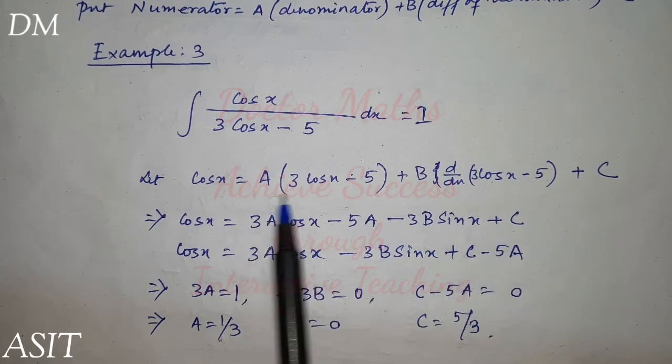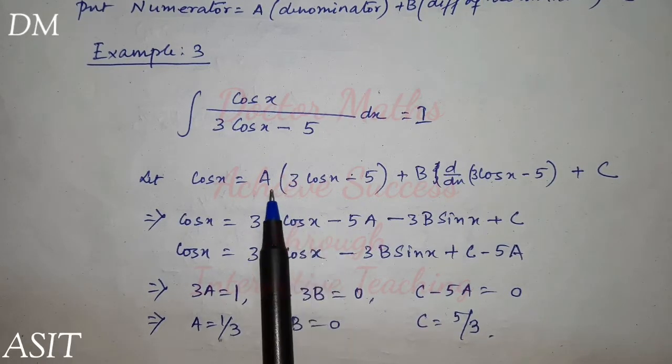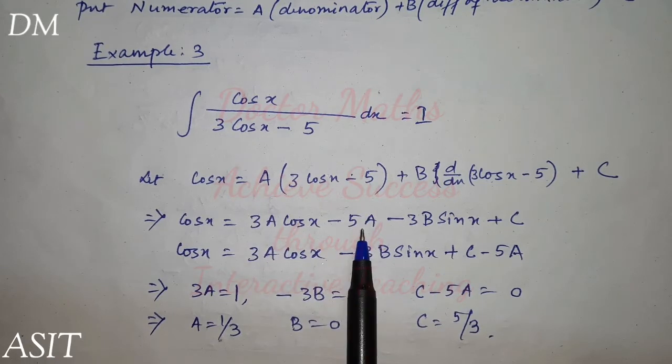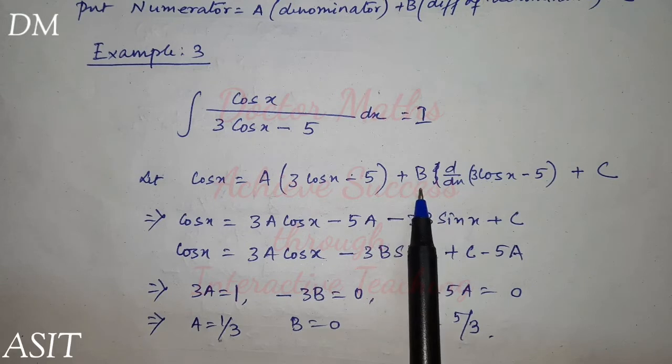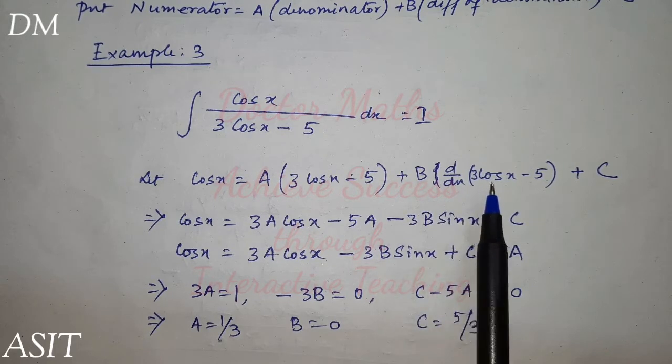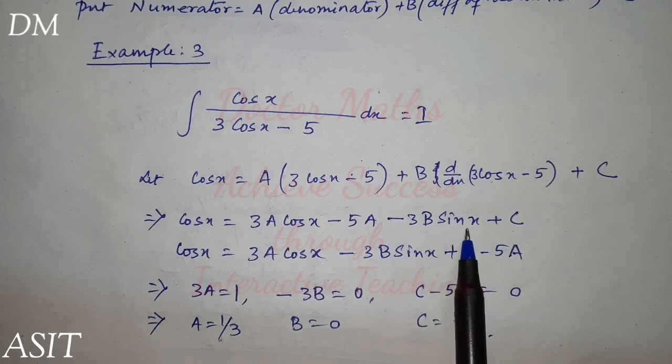If we break these brackets, we can write 3a cos x minus 5a, then plus b into the differentiation, which is minus 3 sin x, so it will be minus 3b sin x.